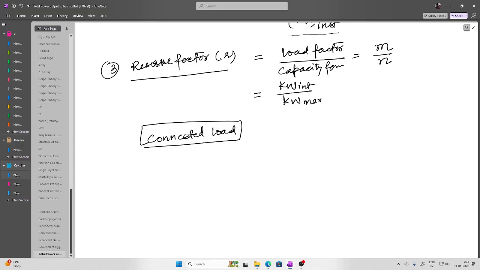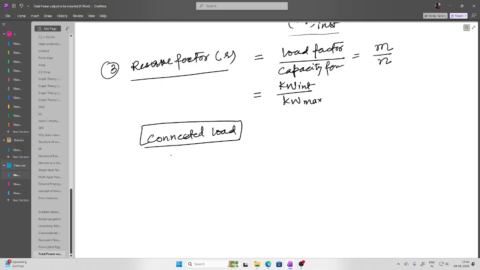But at any time we don't run every component whatsoever is there. So that particular one is called the maximum demand at any time. So connected load will always be more than the maximum demand because we are not running every appliance present in our home at a particular time.